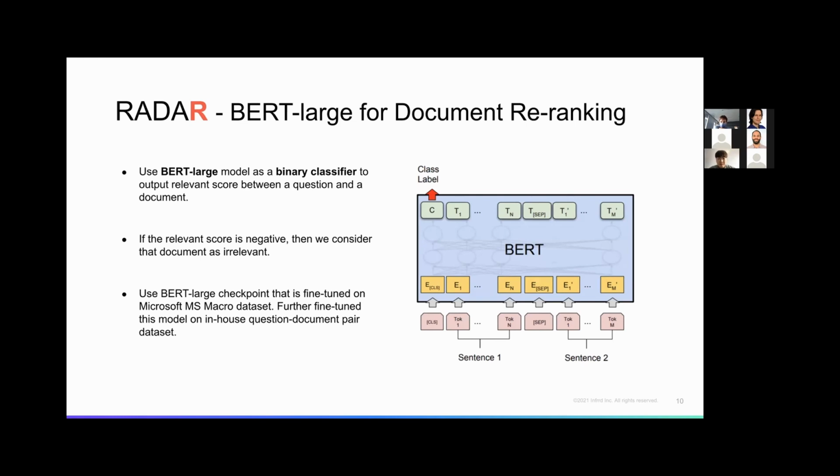The final re-ranking model is used as a binary classifier to output a relevance score given a question and a document. If the ranking model gives a negative score for the document, then the document will be removed from the initial set. By using both the keyword-based algorithm and the re-ranking algorithm, we are able to reach better retrieval results compared to using just one of them.